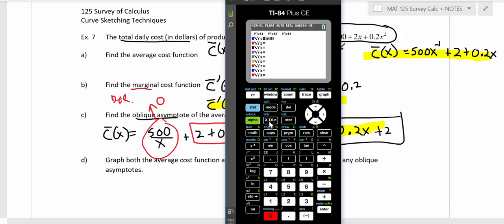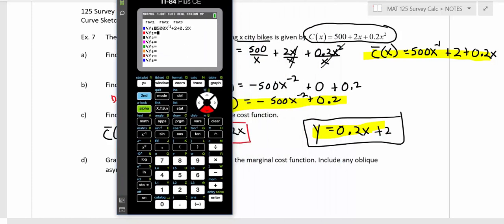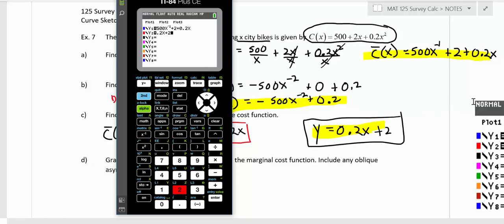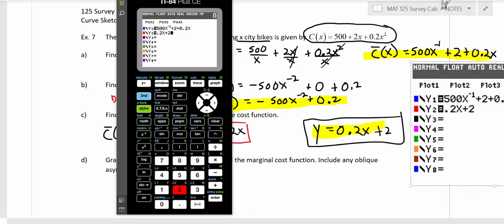I'm going to put in 500x to the negative 1, and then plus 2, and then plus 0.2x, like that. We're also going to put in the oblique asymptote, which is what we just got, so that's the line 0.2x plus 2. I'll slide this over here so you can refer to what I'm doing if you need to.